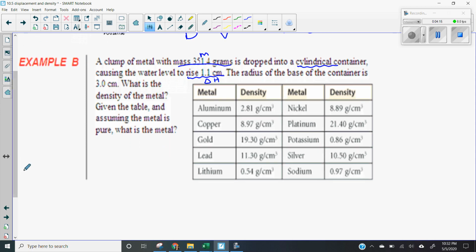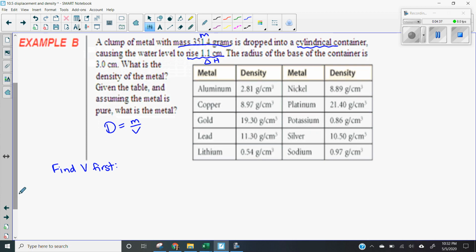So we sort of have two parts here. And eventually we'll use this formula, but if you think about all of these pieces, we don't know the density. Obviously, we're looking for that. We have the mass. We don't know the volume. We need to calculate that on our own first. So we're going to find V first, the volume. Now this is a displacement problem. We don't know what this clump of metal looks like, or we don't have a formula for it anyways.